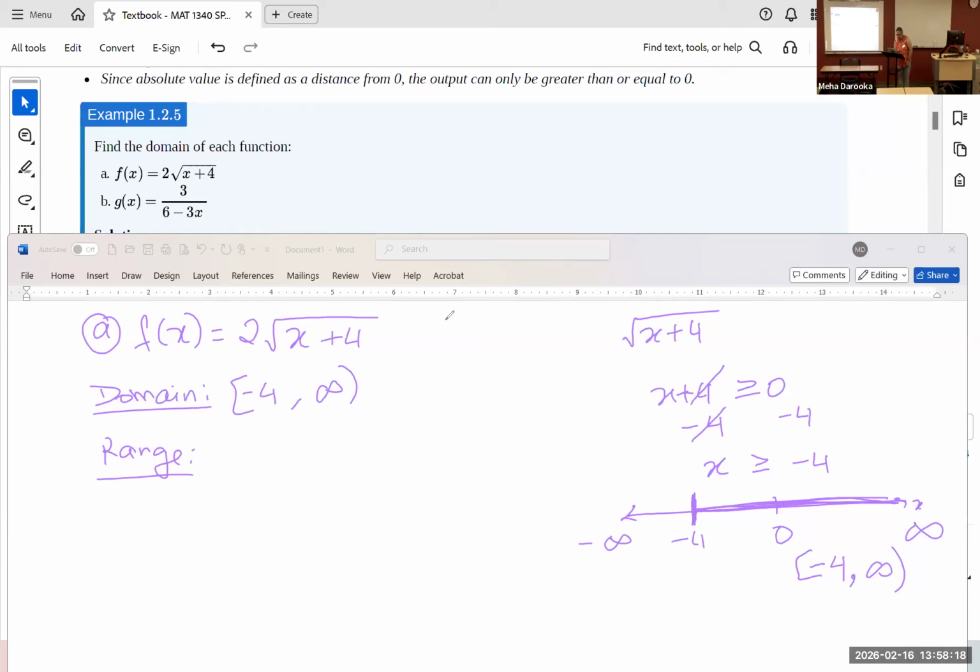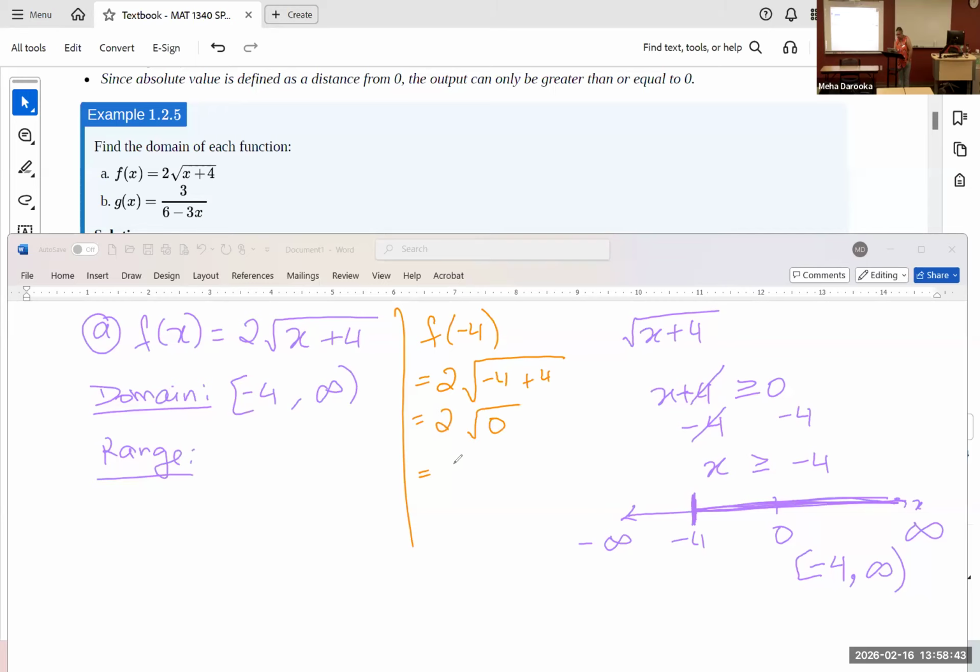Okay, so if we take our function here, and we plug in our lowest value of -4. So you are doing 2 times square root of -4 plus 4 on the inside, right? So -4 plus 4, of course, comes out to be 0.